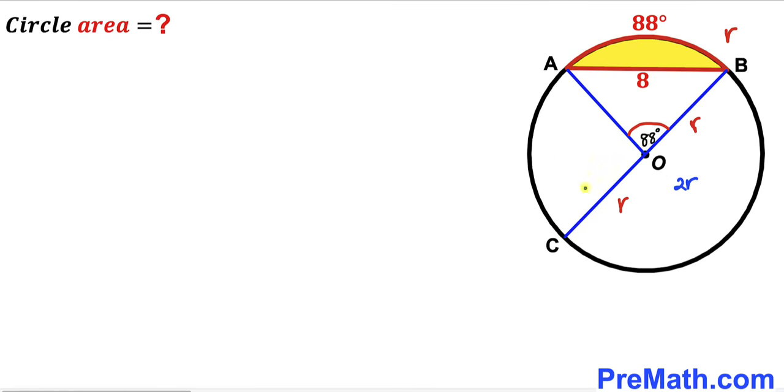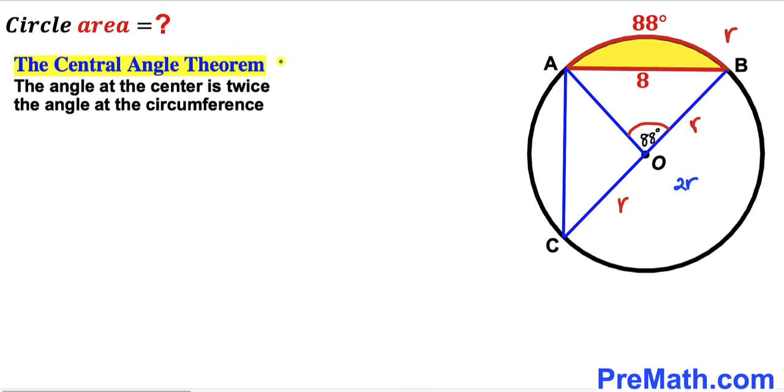Now in this next step, I am going to connect points A and C. Now let's recall the central angle theorem. According to this theorem, the angle at the center is twice the angle at the circumference. Here we can see that angle ACB is the angle at the circumference, whereas angle AOB is the angle at the center.